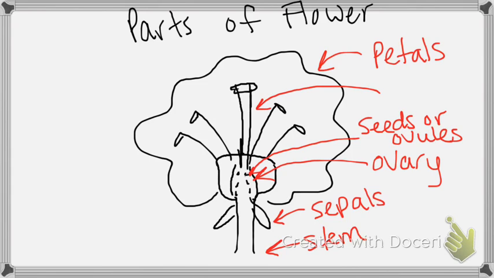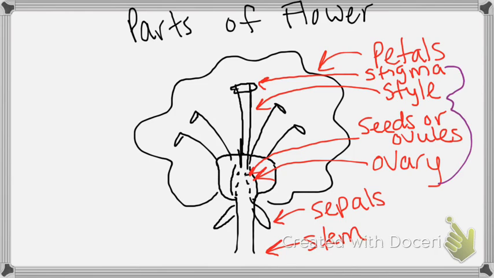The tube that's leading down into the ovary is called the style, right? And at the top of the style, we have our stigma. We call this the sticky stigma. This is what the pollen is going to stick to before it travels down the style to the ovary to fertilize the egg. So we call all of these parts together, all of the female parts, the pistil.